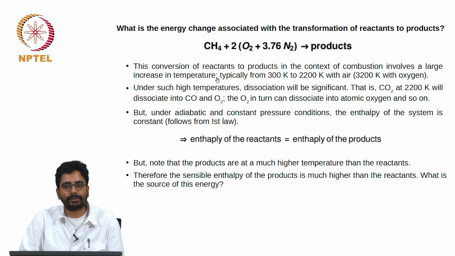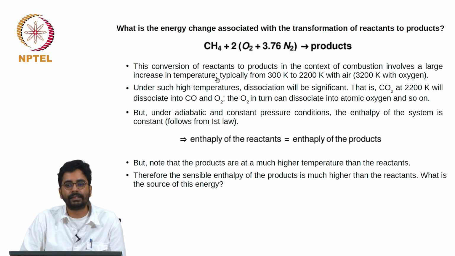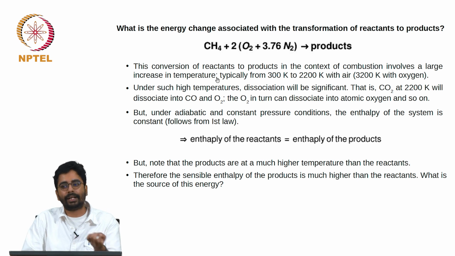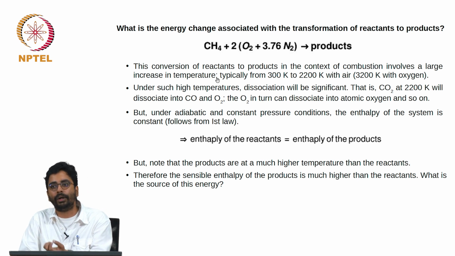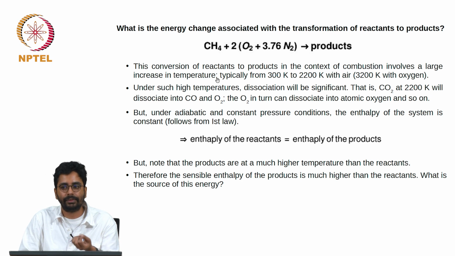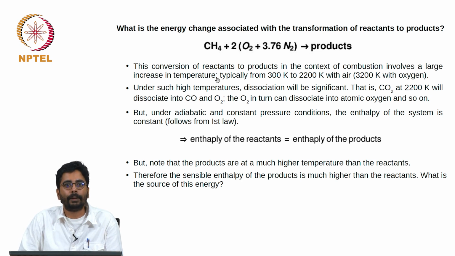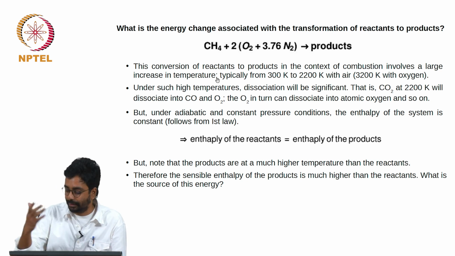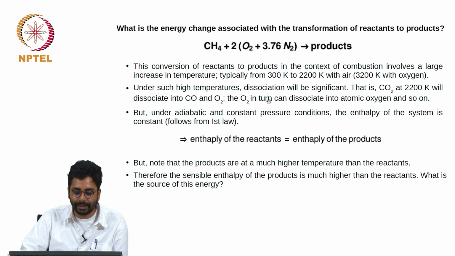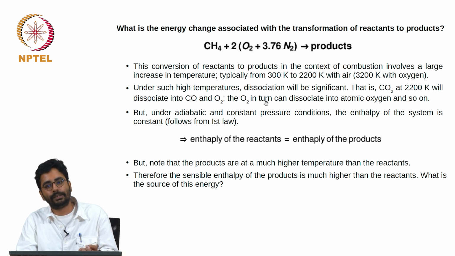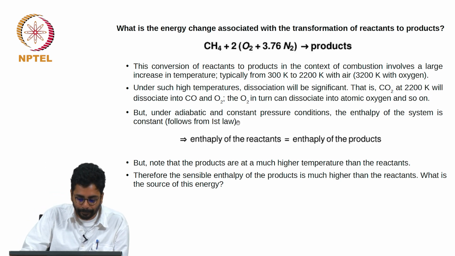Under such high temperatures, dissociation will be significant. Carbon dioxide will not remain as carbon dioxide at 2200 or for that matter 3200 kelvins. So it will dissociate into carbon monoxide and oxygen. One thing that we need to keep in mind is that these products can dissociate at high temperatures.